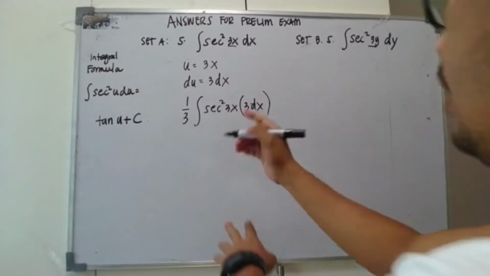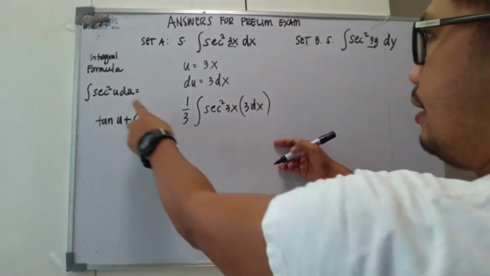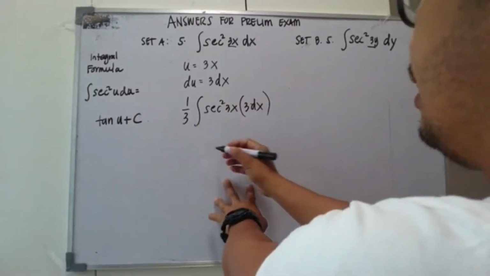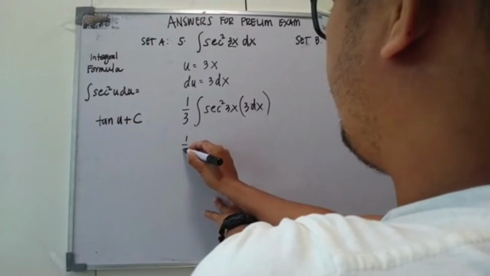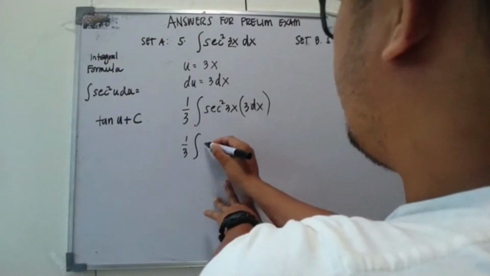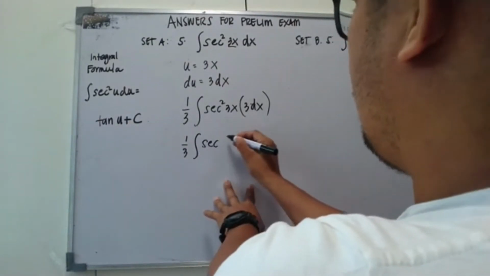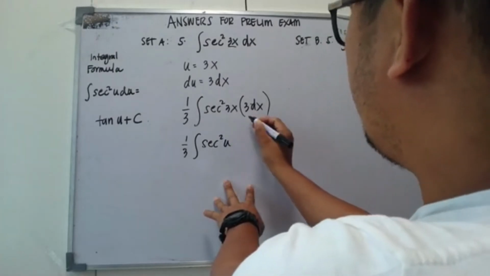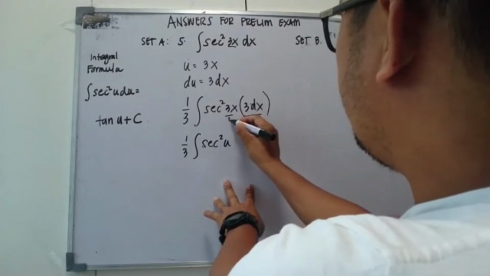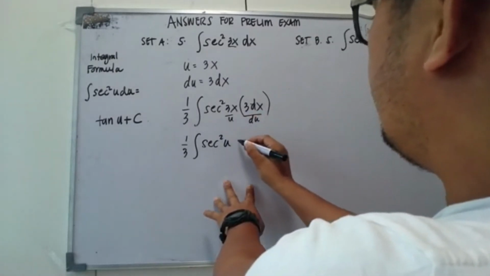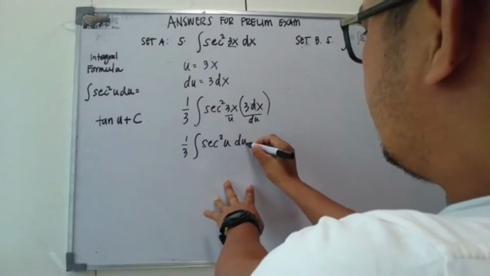So, if I write this under our original formula, this must be 1 over 3, the integral of secant squared of u. This is your u, and this is your du.